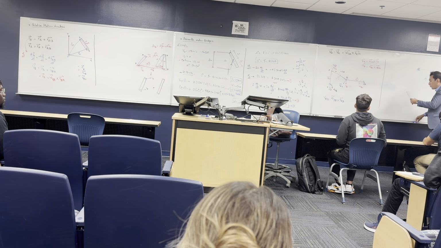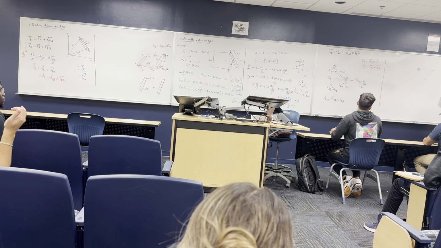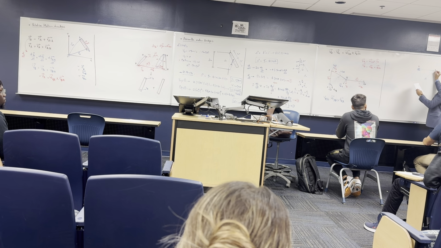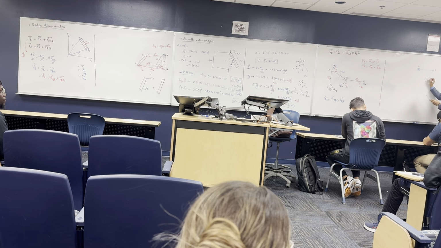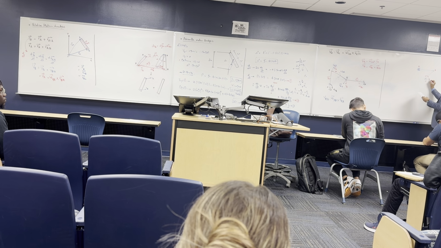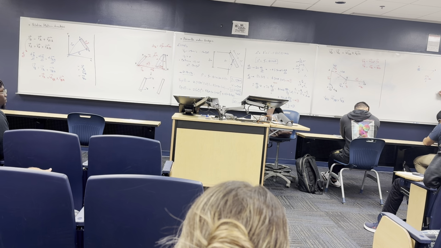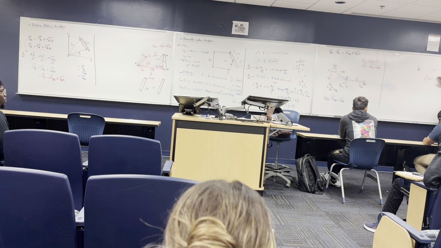Okay, so let's say that this is point A, this is point B, and this is point C. This is omega of BC. So if this is omega BC, how does the velocity of B with respect to C look? Is it going to go up or down?